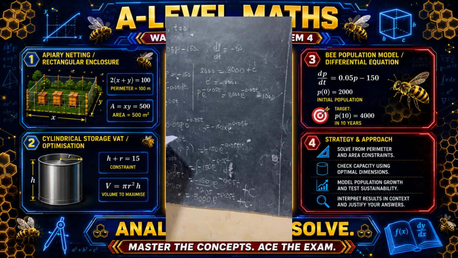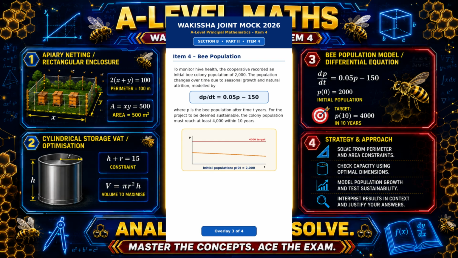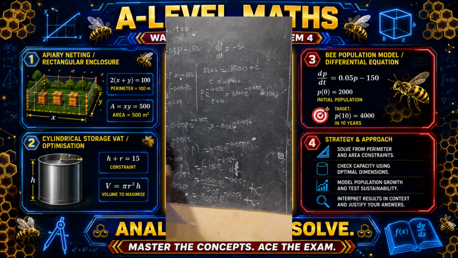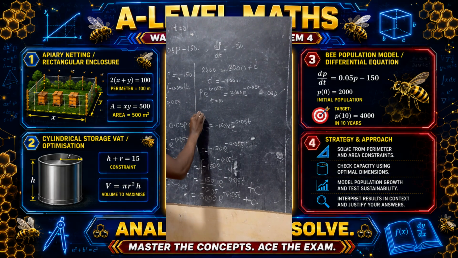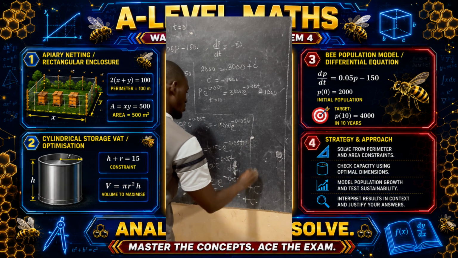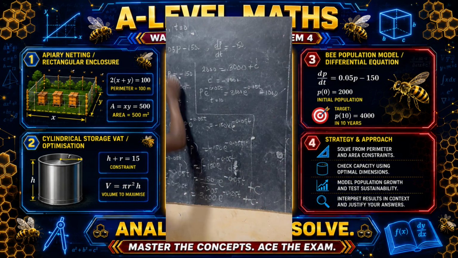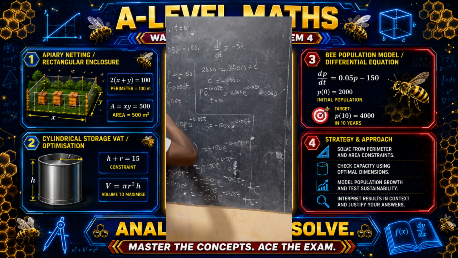For the project to be deemed sustainable, the colony population must reach at least 4,000 within 10 years. So let me substitute t is equal to 10 years. I see if p is going to be 4,000. But like I said, this must be reducing according to the c that was given to us.